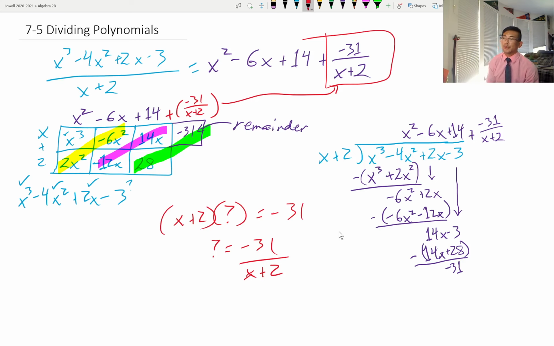So far we have been dividing by linear binomials, but there's no reason you couldn't use a similar process to divide a cubic by a quadratic or something like that. It does run into problems when the divisor is higher degree than the dividend, but we won't talk about that, at least not yet.